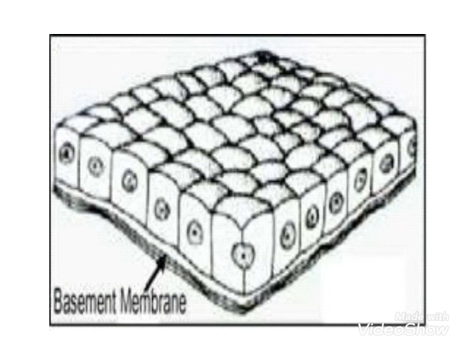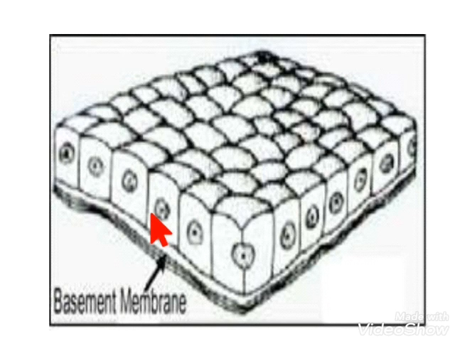Now let's talk about the simple cuboidal epithelium. Simple cuboidal epithelium is composed of a single layer of cuboidal cells having equal height and width. You can see the nuclei of simple cuboidal epithelium.